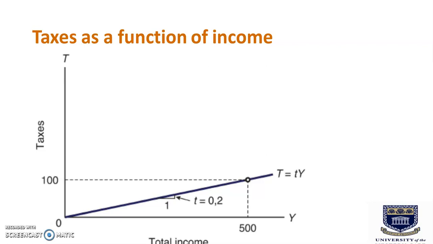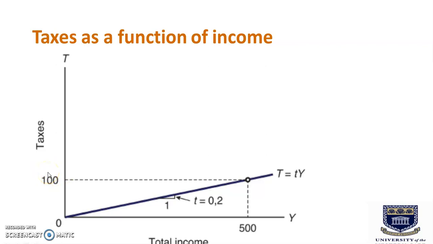It follows that when income Y is 0, then T will also be 0. And when Y is equal to 500, then T would be equal to 100, which is 0.2 multiplied by 500.